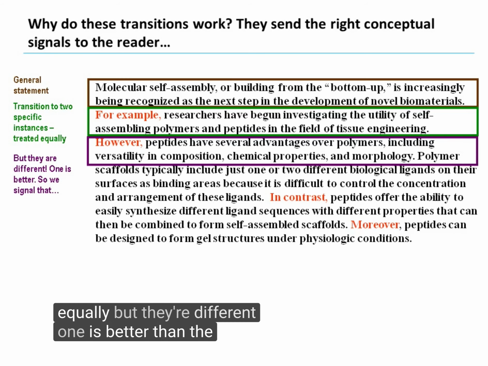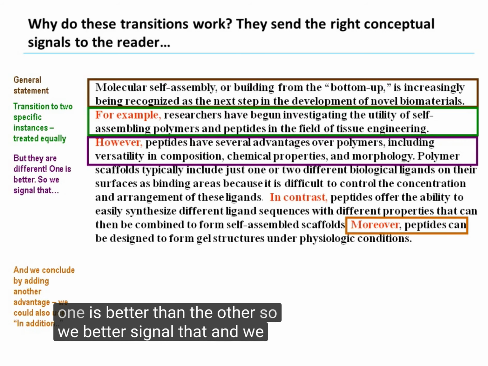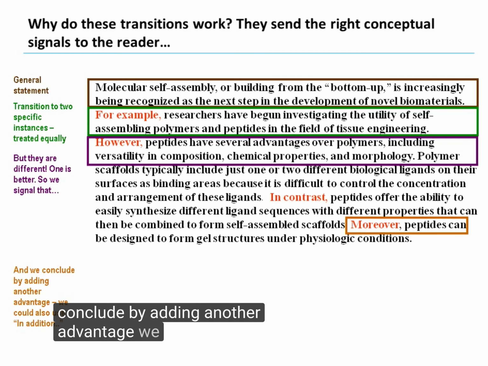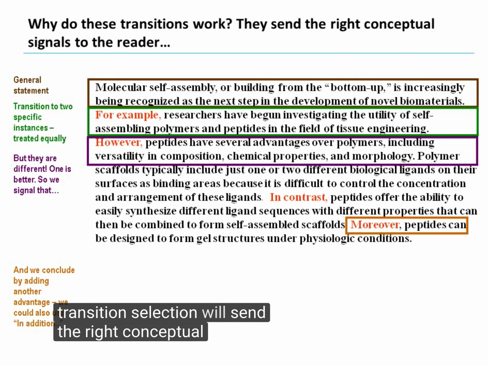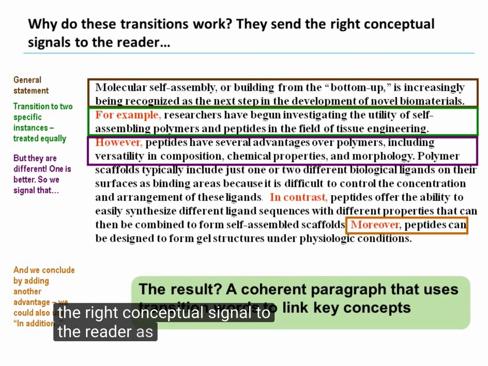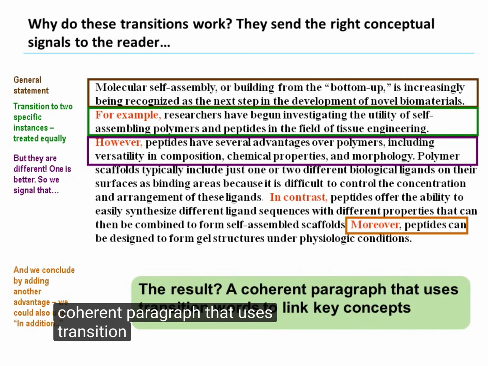One is better than the other. So we better signal that. And we conclude by adding another advantage. We could also use the word in addition. So you see, good transition selection will send the right conceptual signal to the reader. As a result, we get a coherent paragraph that uses transition words to link those key concepts.